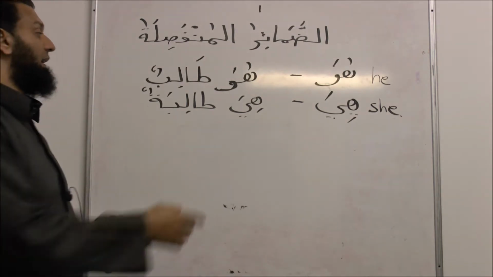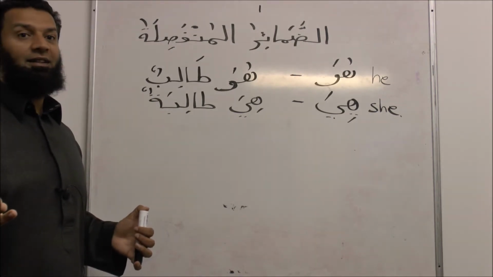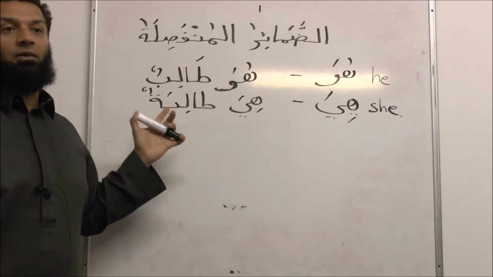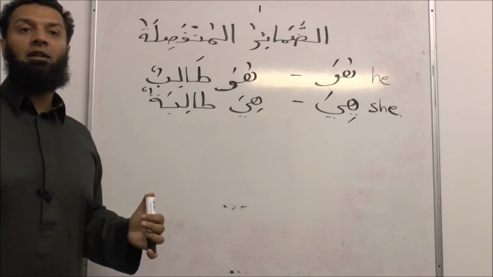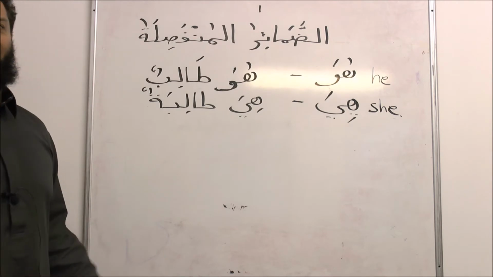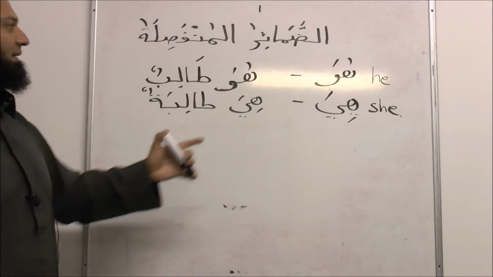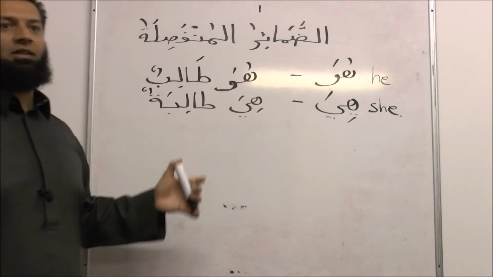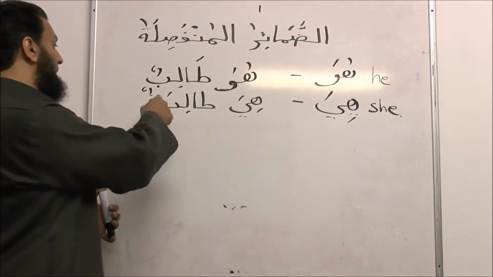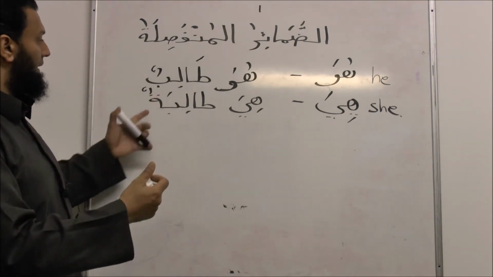We can't say hiya talibun. Why, Rajan? Why can't we say huwa talibatun or hiya talibun? Because it wouldn't make sense to say huwa talibatun. It's saying he is a female student. It's obvious in English, just as it is in Arabic, because the ta represents a feminine state or a female.